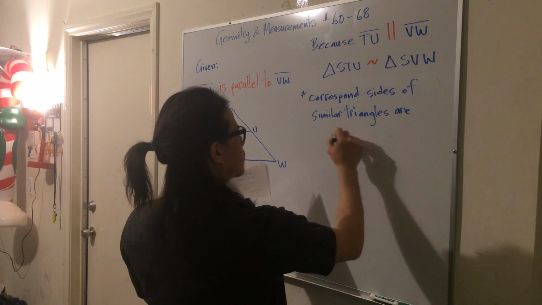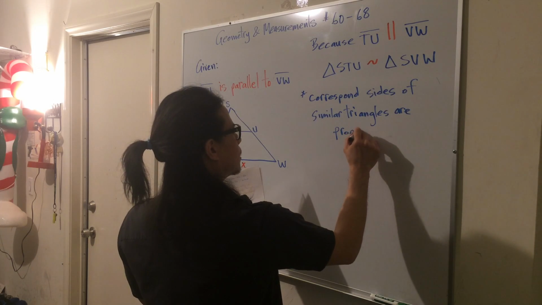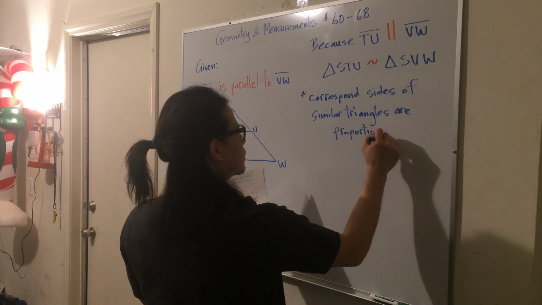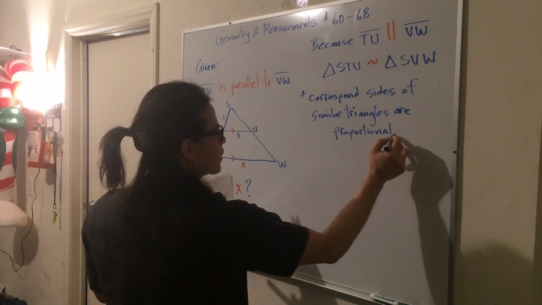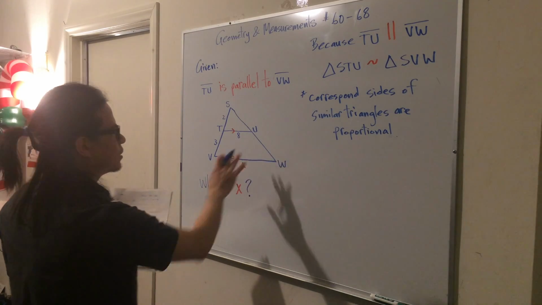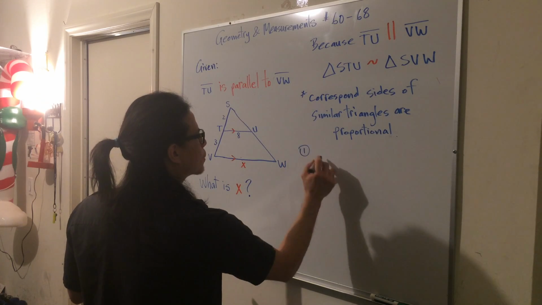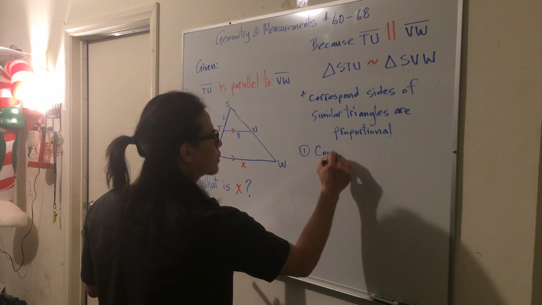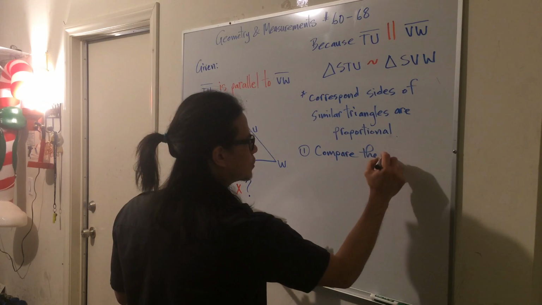Okay, so are proportional. P-R-O-P-O-R-T-I-O-N-A-L. And we need to indicate that they are proportional so that we can use ratios to compare the sides. So let's do that now. We're going to compare the sides of the two triangles.